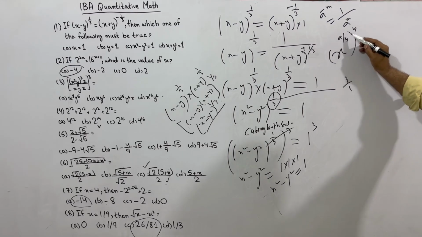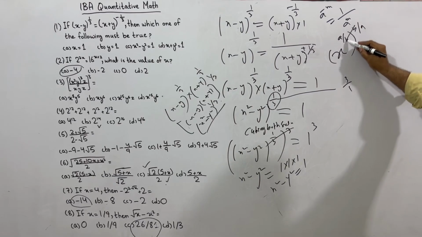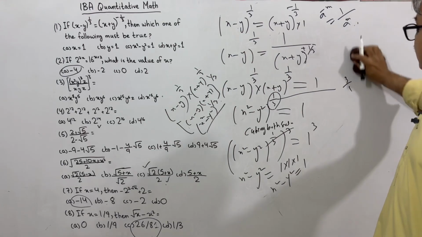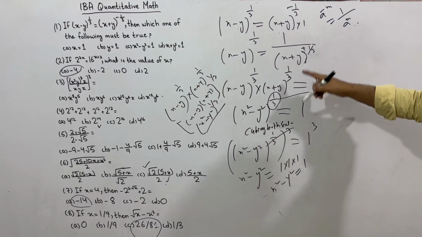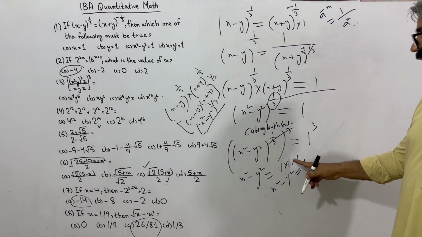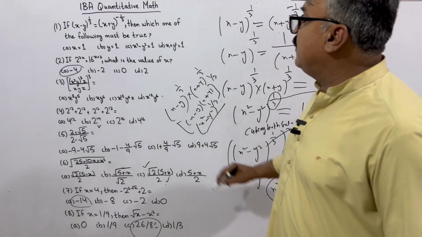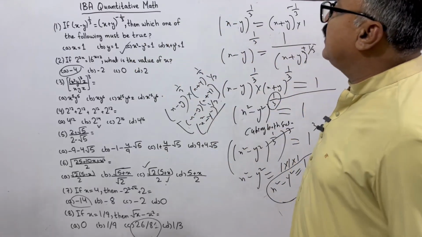What is the reciprocal of a over b? b over a. Then b cancels out, a also cancels out. To get rid of 1 over 3, take the power 3 over 1, which means cube. I have taken it. So x square minus y square is equal to 1 is our right option in that case.